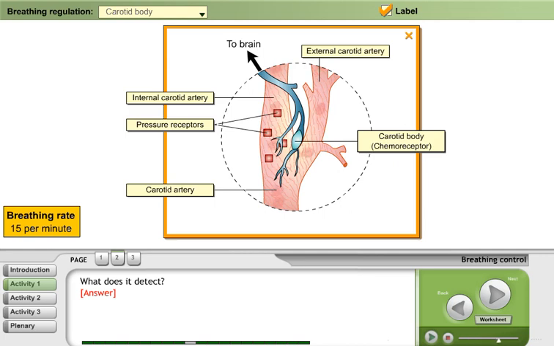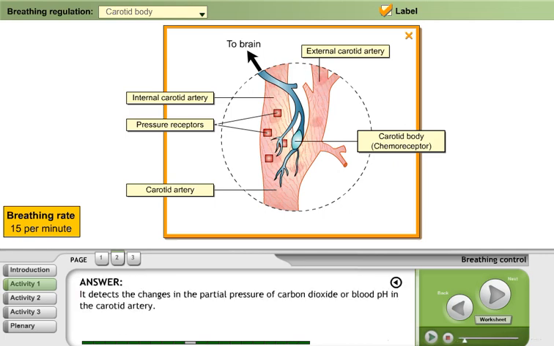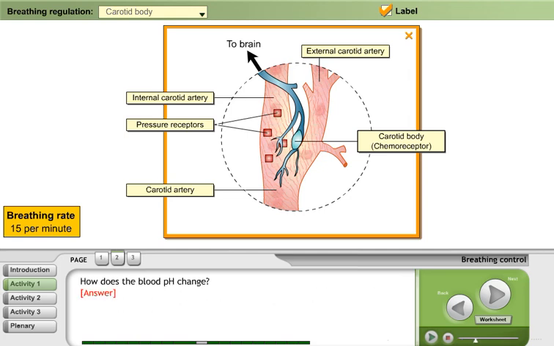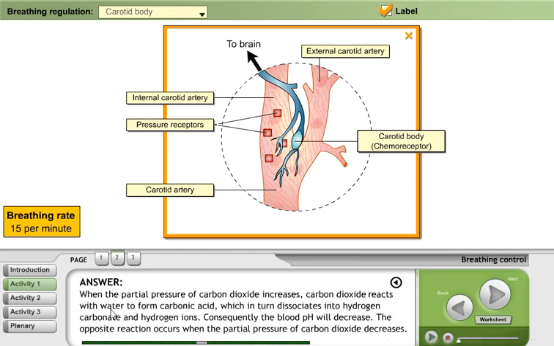What does it detect? Answer: it detects the changes in the partial pressure of carbon dioxide or blood pH in the carotid artery. How does the blood pH change?